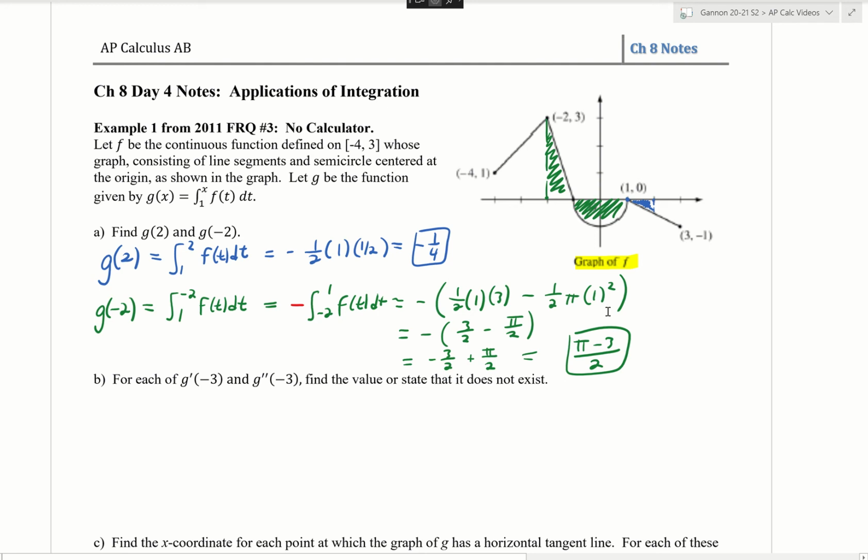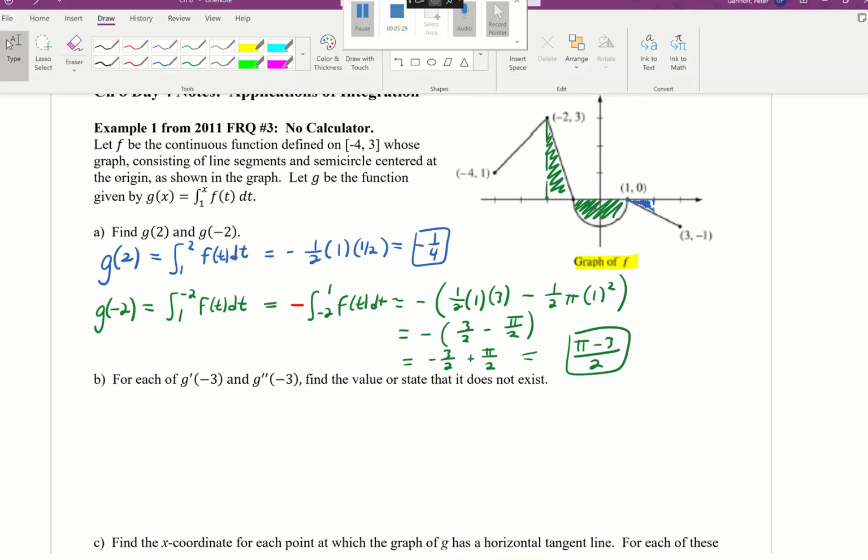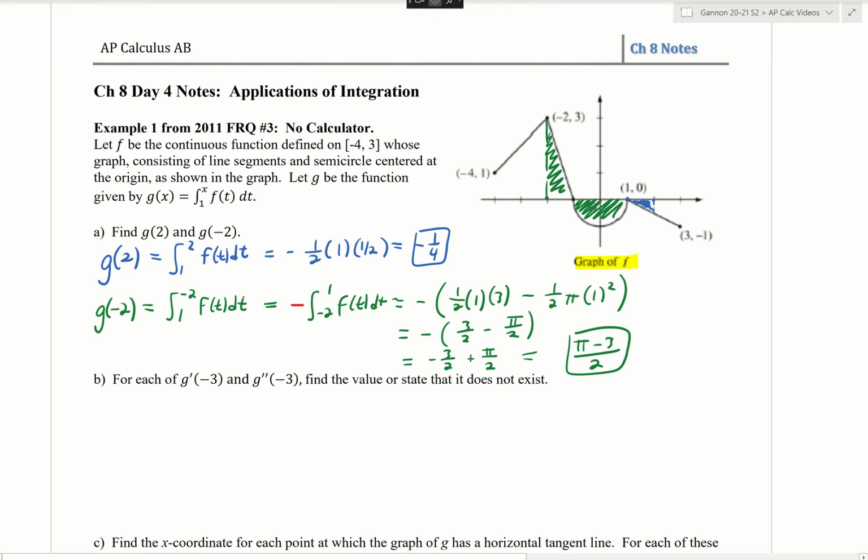Now, when you take a look at part B, you'll notice that part B wants us to find g prime of negative 3 and also g double prime of negative 3. What I would do is figure out how g prime relates to the graph of this function.